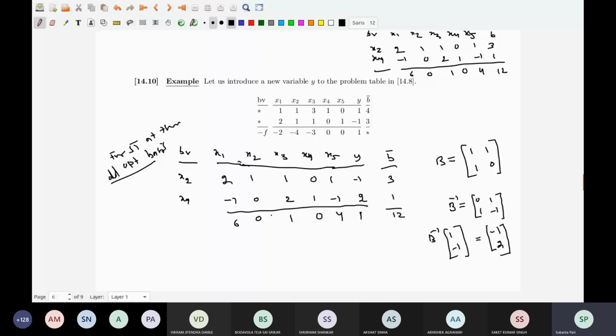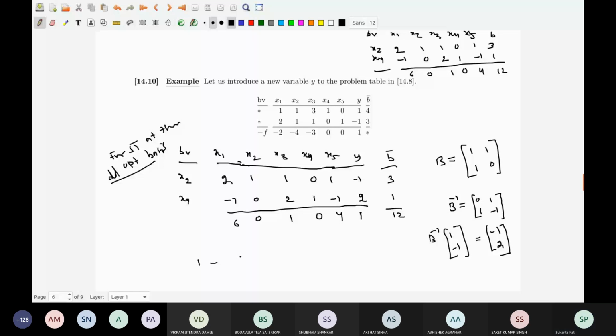This will come from taking that entry minus CB B inverse, that B inverse that I have found. And what is that CB? CB was to be taken from X2 and X4, so CB transpose is minus 4, 0.